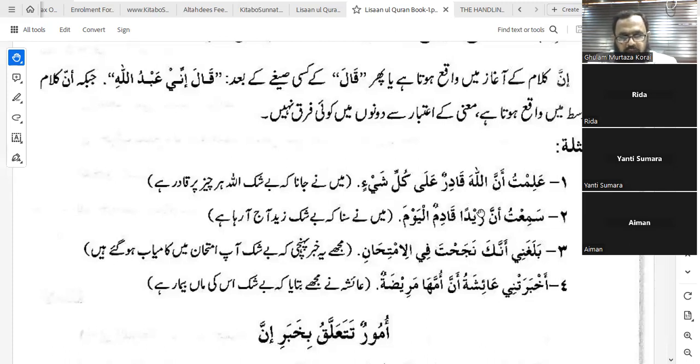Yes, the second one. Yes, sister Saima. Sentence number 2. Okay, so sami'tu anna Zaydan qadimun al-yawm. So sami'tu is fi'l mazi. Sami'a is fi'l mazi. And tu is mutakallim, its zamir, and it becomes fa'il of this fi'l.